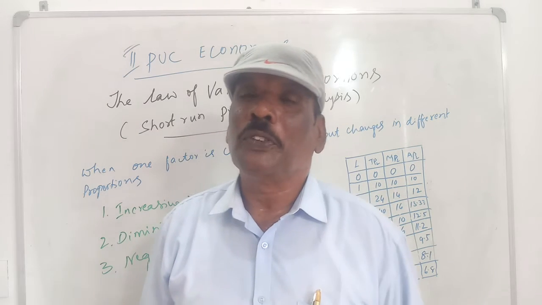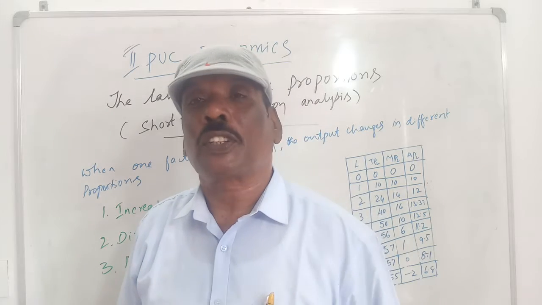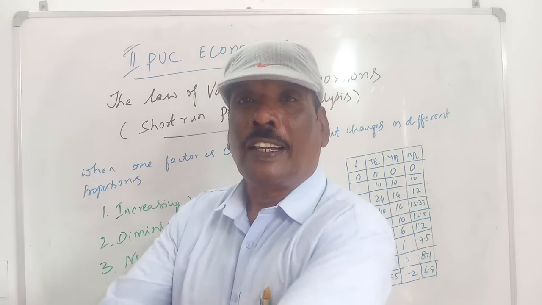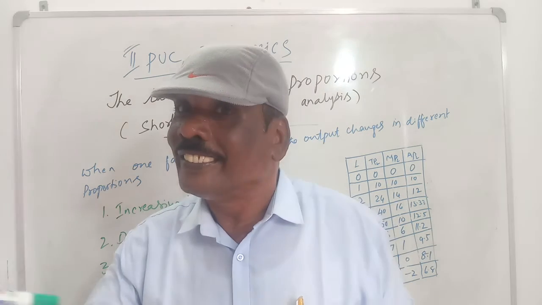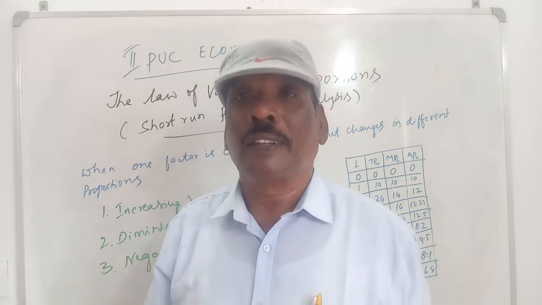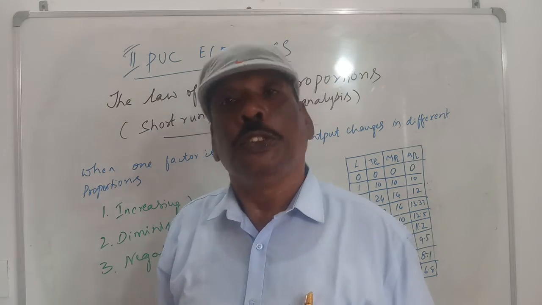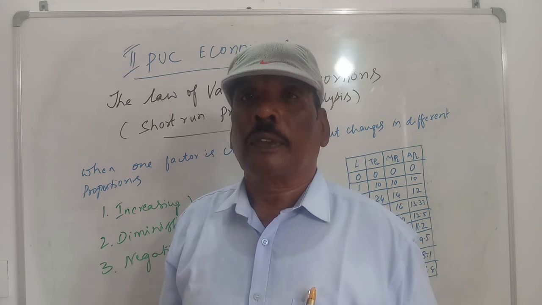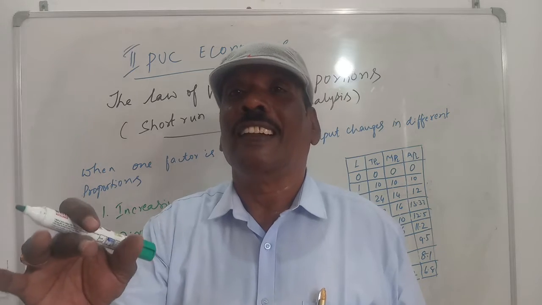When we were studying PUC in the year 1972, our economics lecturers used to highlight this as the law of diminishing marginal returns, not the law of diminishing marginal utility. And there the teachers used to say the law of diminishing marginal returns applies on land.